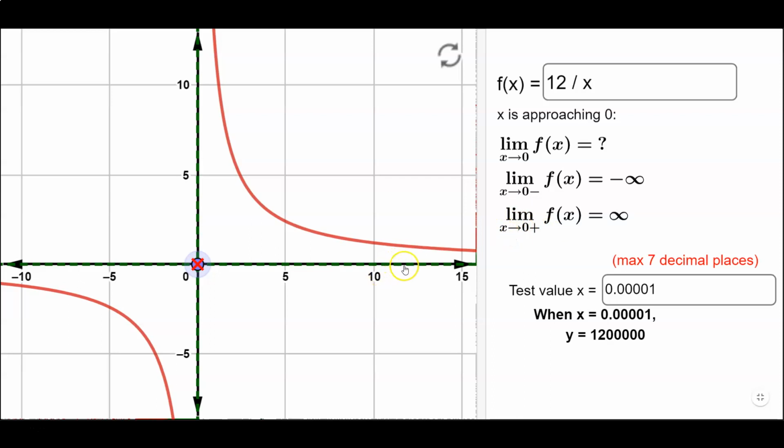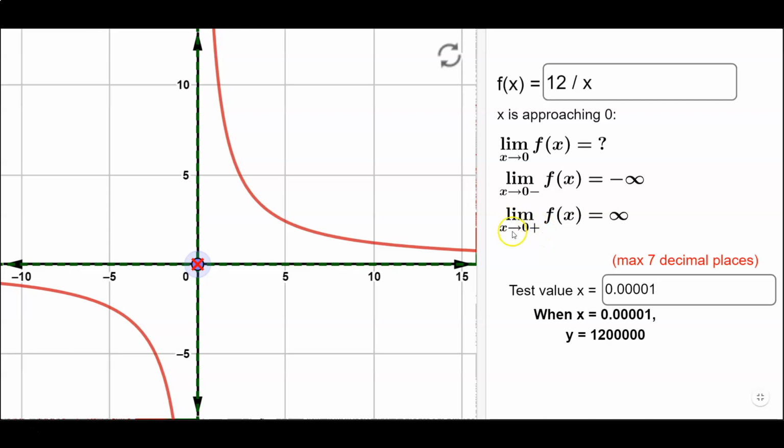When I was dragging the blue dot towards 0, what side of 0 was I on? The positive or the right. Okay, so when you see this 0 in this context with a little plus sign, what that means is you're moving towards 0 from the right of 0.